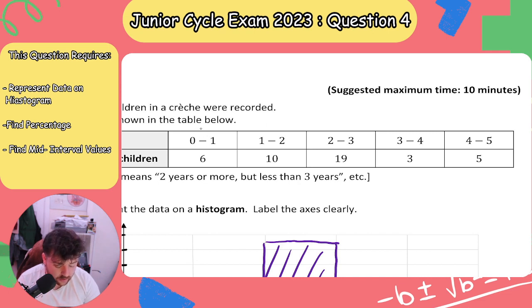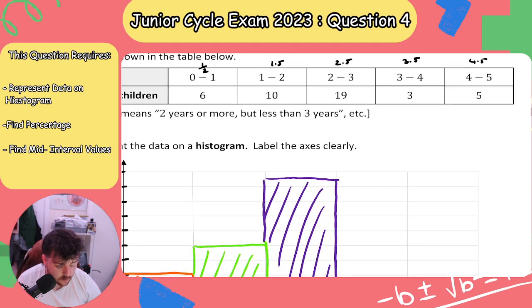So between 0 and 1, the mid-interval value is a half. The mid-interval value here is 1.5, 2.5, 3.5, 4.5.